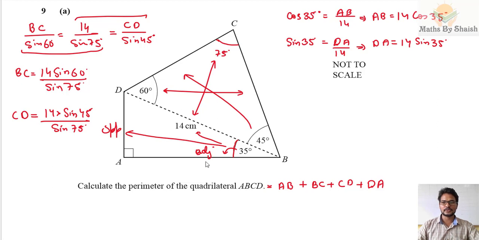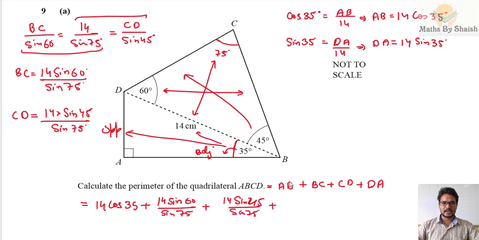Now we have all these values, we can put them together to get the perimeter. AB is 14 cos 35 plus BC is 14 sine 60 degree over sine 75 plus CD, it is 14 sine 45 over sine 75 degree plus the last DA is 14 sine 35 degree.